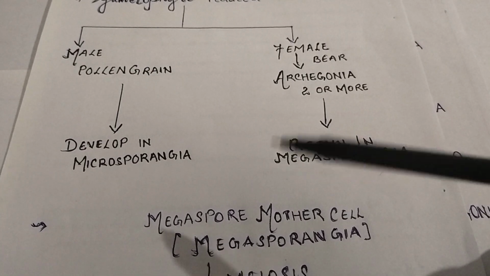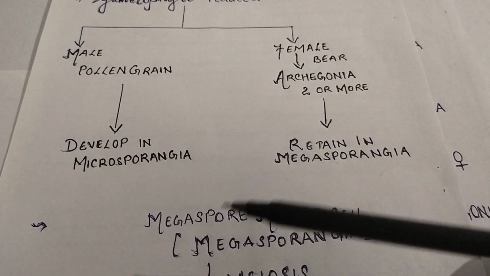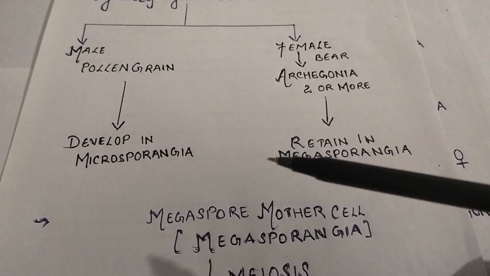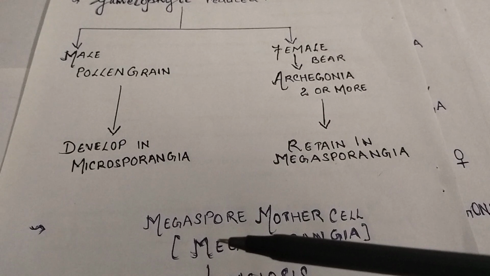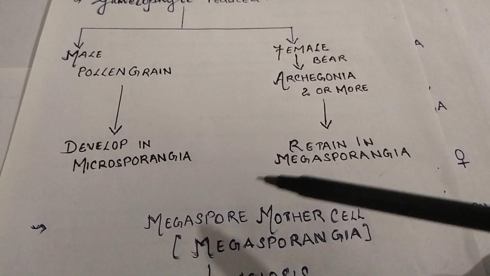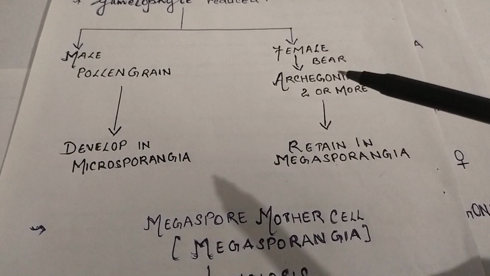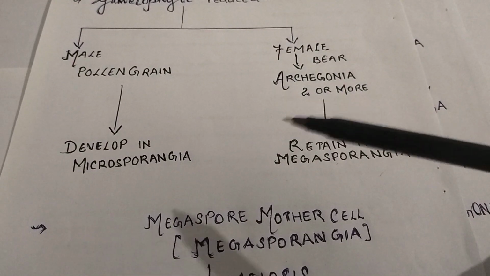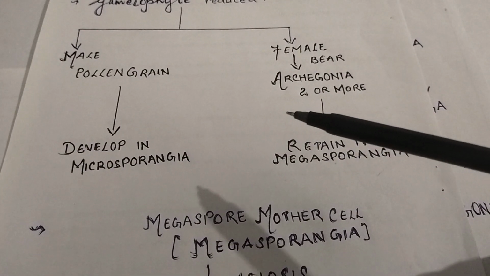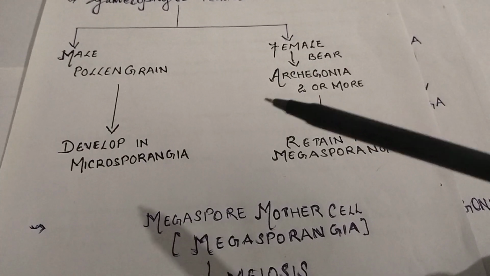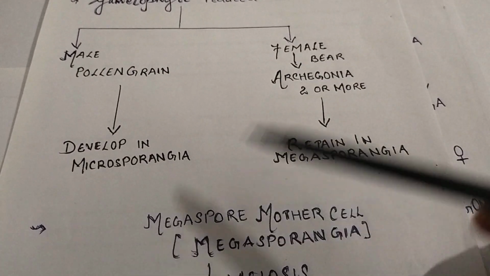Then in pteridophytes we saw reduced gametophytes and a bit longer sporophyte, and in pteridophytes also we have seen that gametophytes depend upon the sporophyte, but in bryophytes the thing is opposite. Sporophyte depends on gametophyte for its nutrition because that is green in color. So see the advancement taking place gradually.